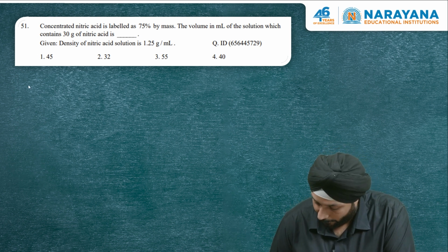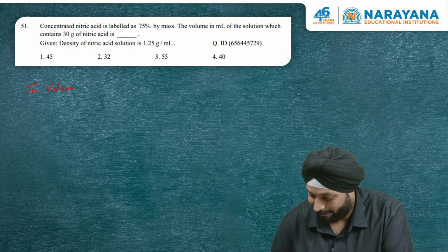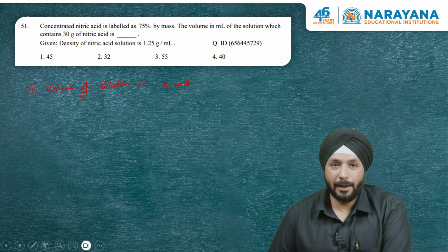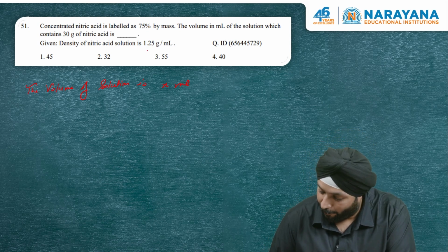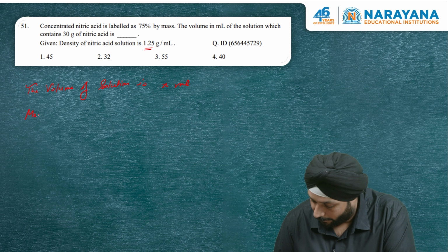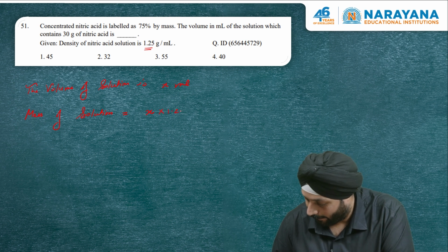Now assume the volume of solution is x ml, right? And we already have the density of the solution. So the mass of solution will be equal to volume into density.